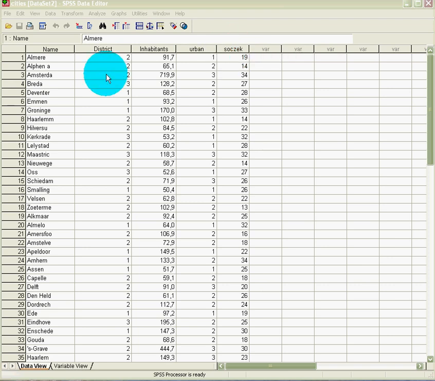So how should we read this? Almere, which is district 2, has a little over 90,000 people who live there, a degree of urbanization, and a small 20% of the people live on social welfare.